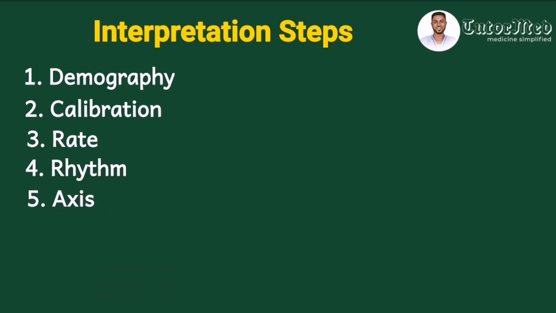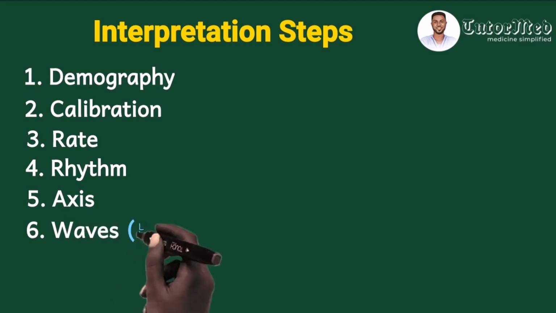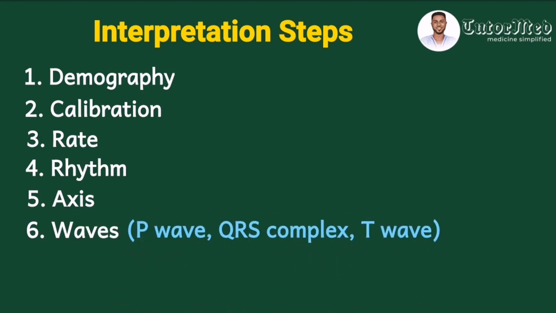Kindly note that these steps have been dealt with extensively in our previous videos, and so kindly find the links to those videos in the video description below. After determining the axis, we move to the waves, and for the waves we are interested in the P wave, the QRS complex, and the T waves.